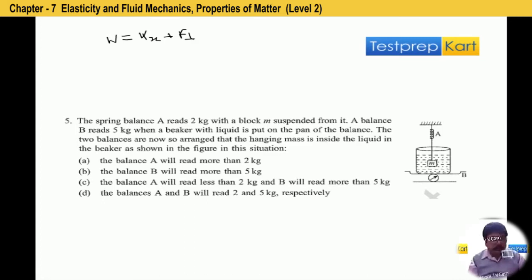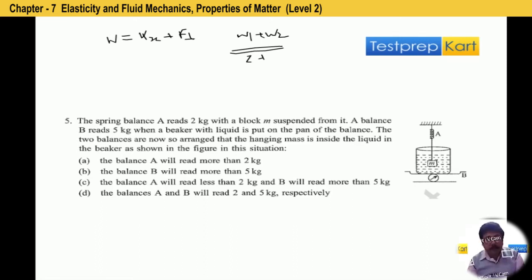So in these particular situations, this will be W1 plus W2.